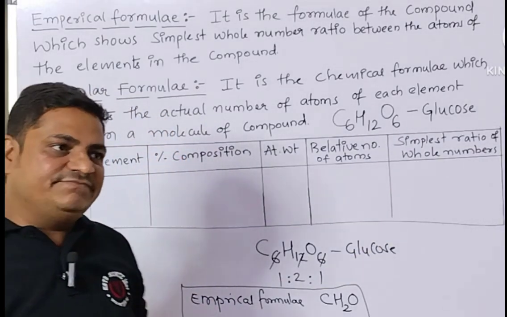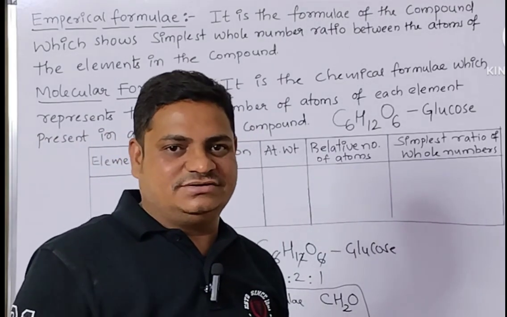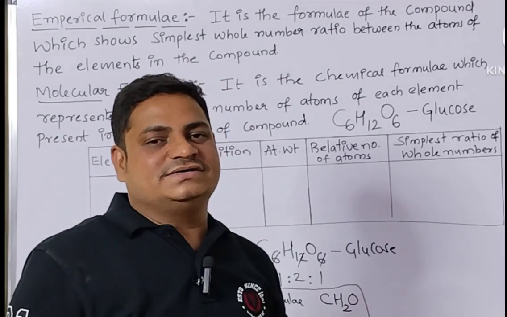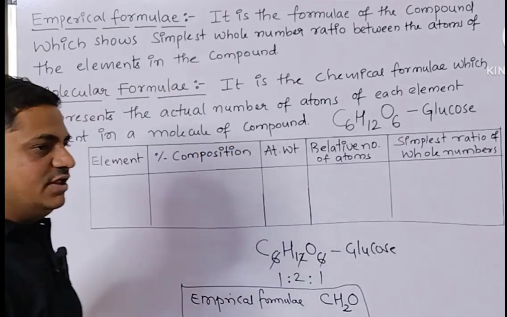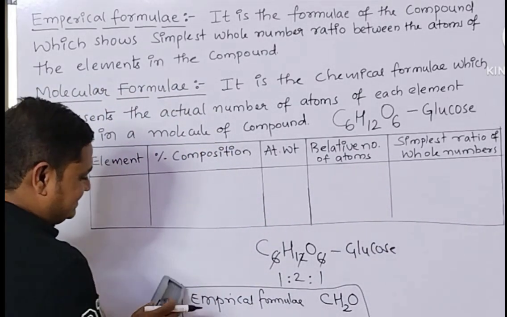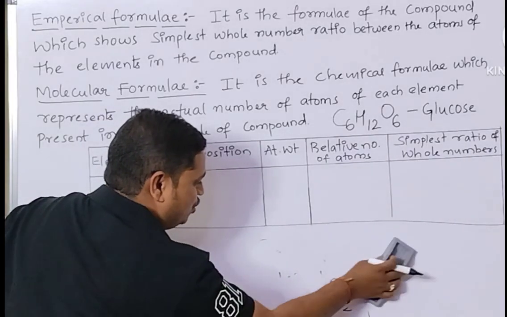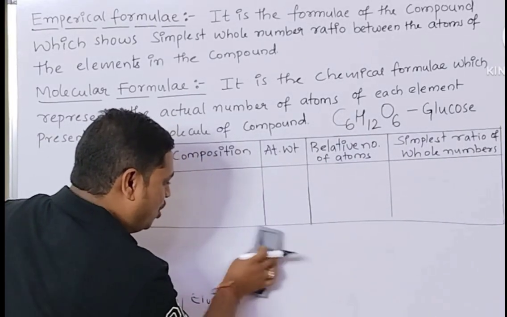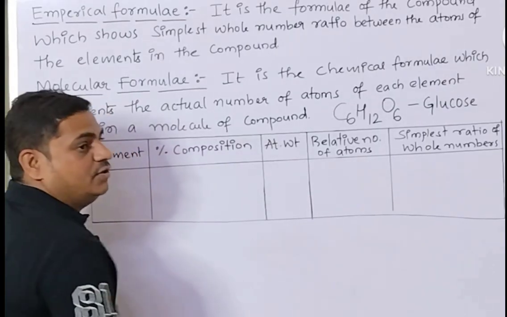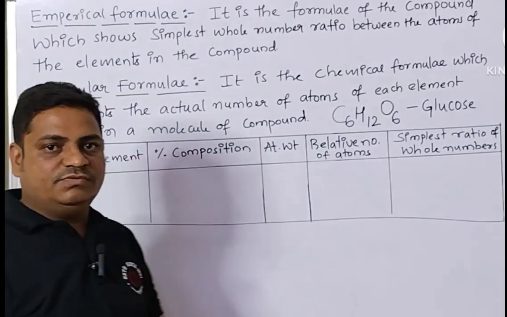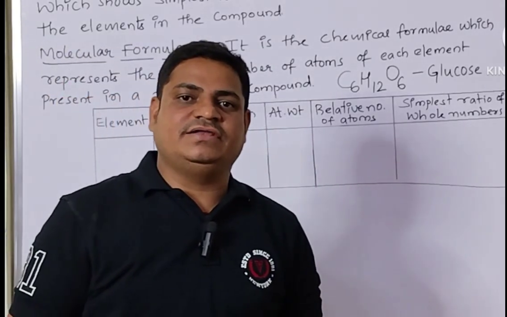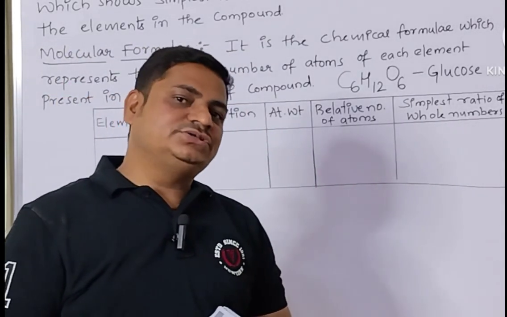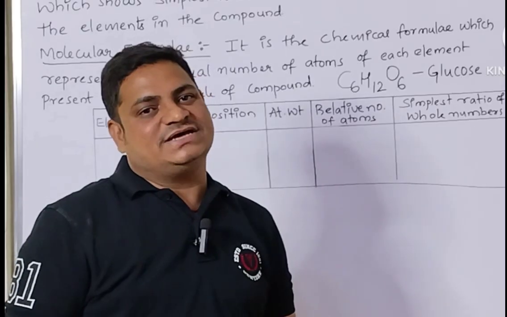Before solving any question, you need to remember certain formulas. If you want to calculate the molecular formula of any compound, what is the relation between the empirical formula and the molecular formula? I am going to give the two important formulas here.